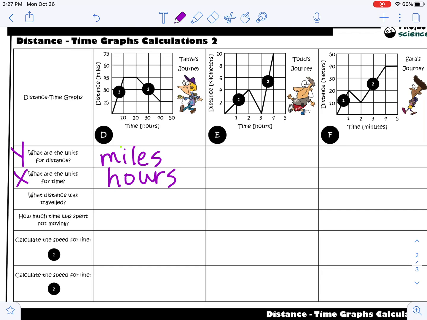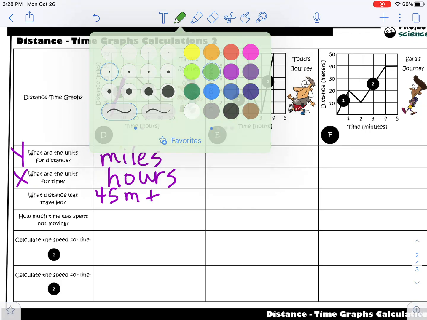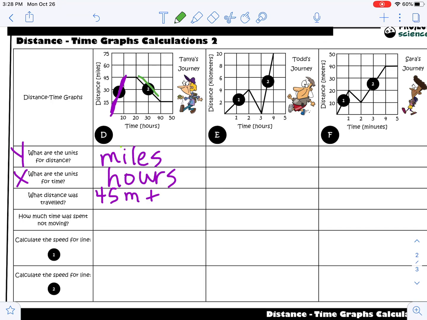So what was the total distance traveled? This gets a little tricky, so we have to look at our lines. This first line here is 45 miles. They go out 45 miles, then there's a rest, and then they're making their way back. So we've got to take a look at line number 2.